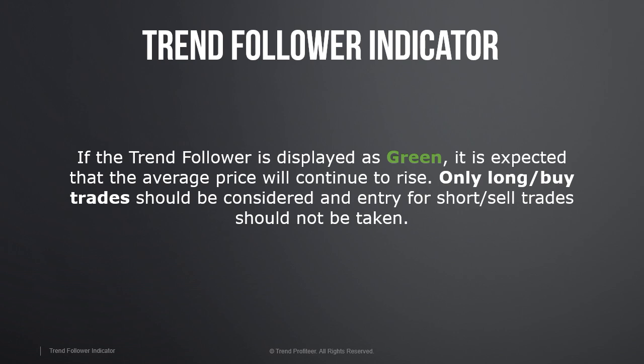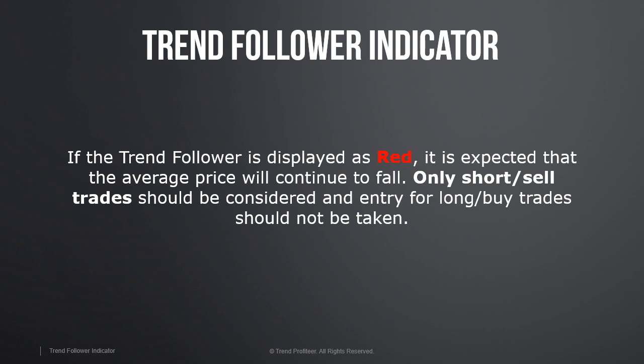Only long/buy trades should be considered, and entry for short or sell trades should not be taken. And if the Trend Follower is displayed as red, it is expected that the average price will continue to fall. So only short/sell trades should be considered, and entry for long or buy trades should not be taken.